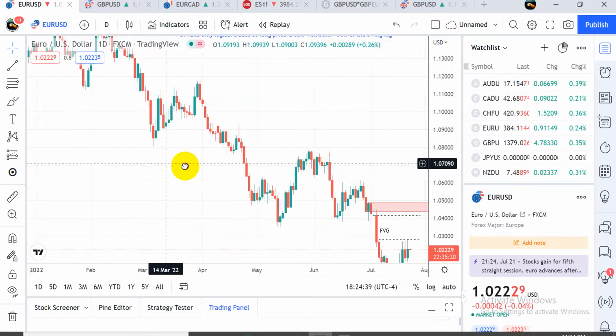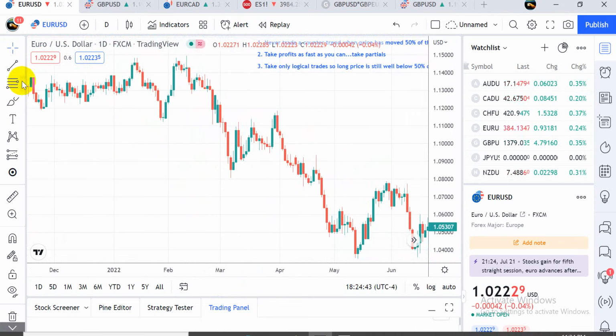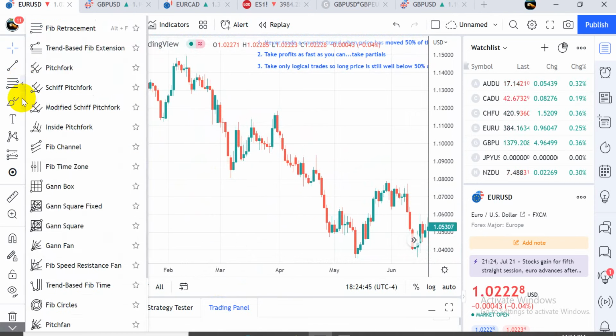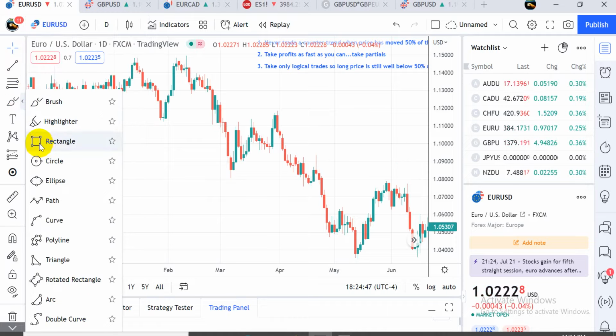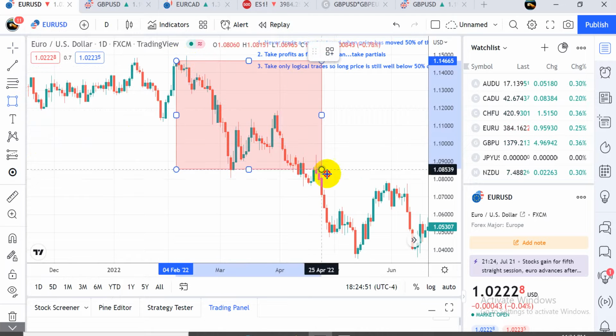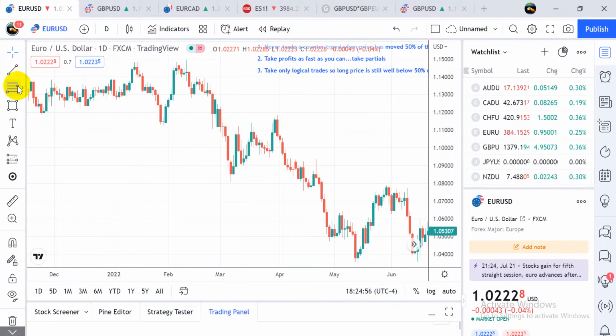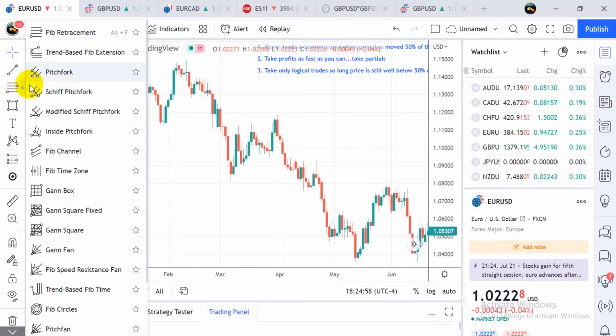Naturally, for every pullback on the daily time frame, I have observed that price respects at least a 50% pullback before price continues in its intended direction.